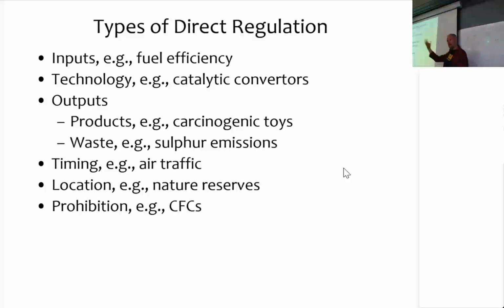Similarly, for newly built houses, right, they need to be built to a certain standard. You can also regulate the technology that is used in particular things. The example listed here is that in all of Europe, you are not allowed to sell a car that does not have a catalytic converter, and you're also not allowed to drive a car that does not have a catalytic converter, and at your MOT they actually test that your catalytic converter works, right?